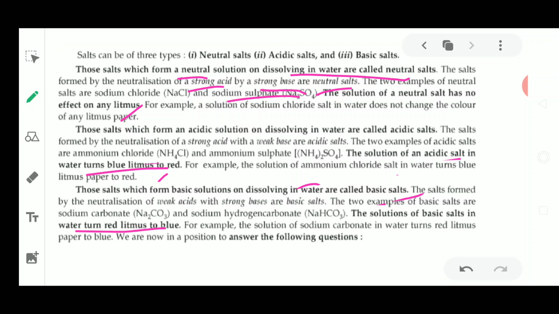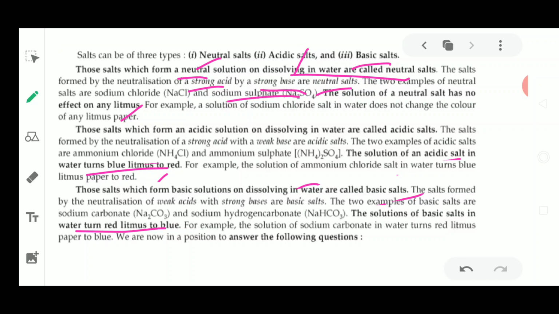I just told you that whichever component is strong, the same type of salt will be formed after the neutralization reaction. Remember this much. That is why there are three types: neutral salts with no reaction on litmus paper, acidic salts turning blue litmus to red, and basic salts turning red litmus to blue.